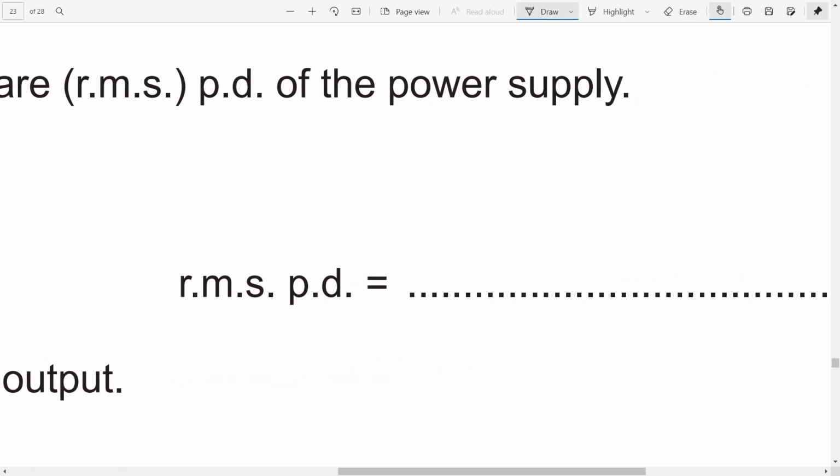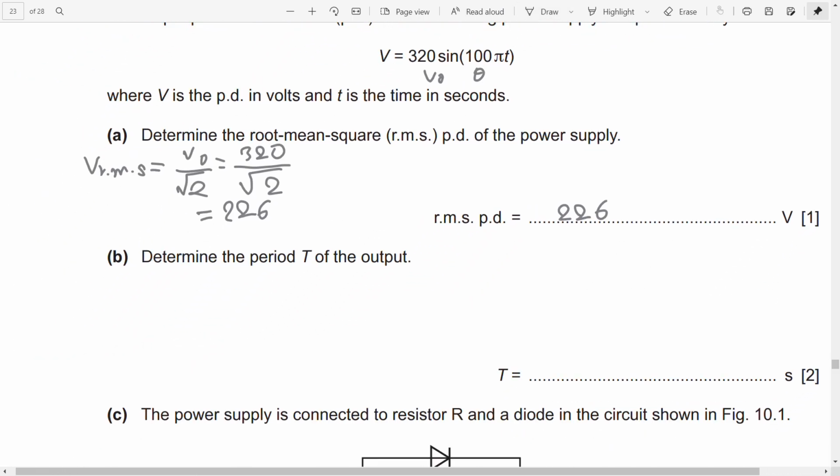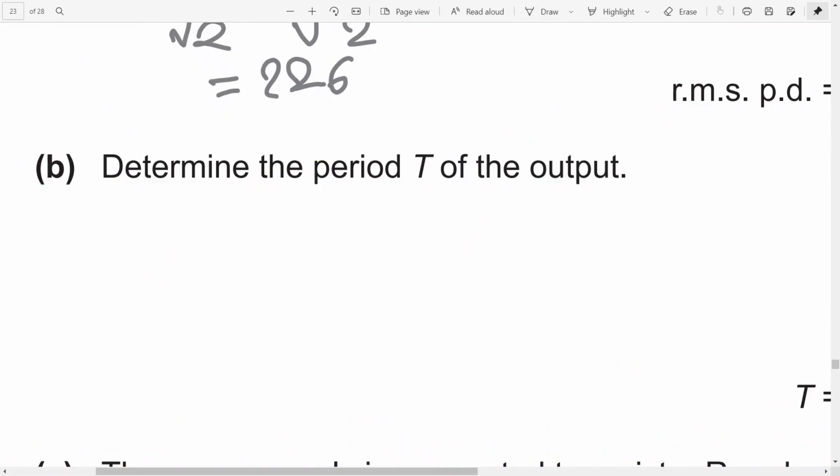Okay, 2 to 6. You are free to comment if you get any confusions, I'll respond. Determine the time period. We know the time period T equals 2 pi over omega. If you do not know this one, then you haven't studied electric current yet.